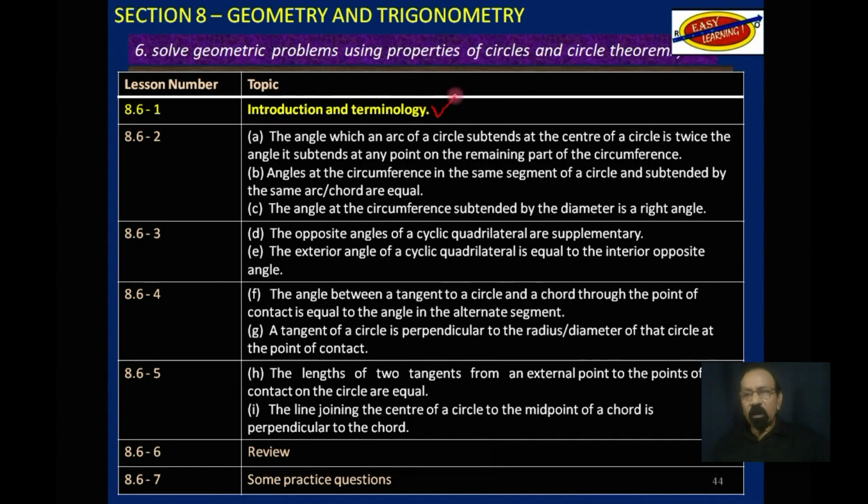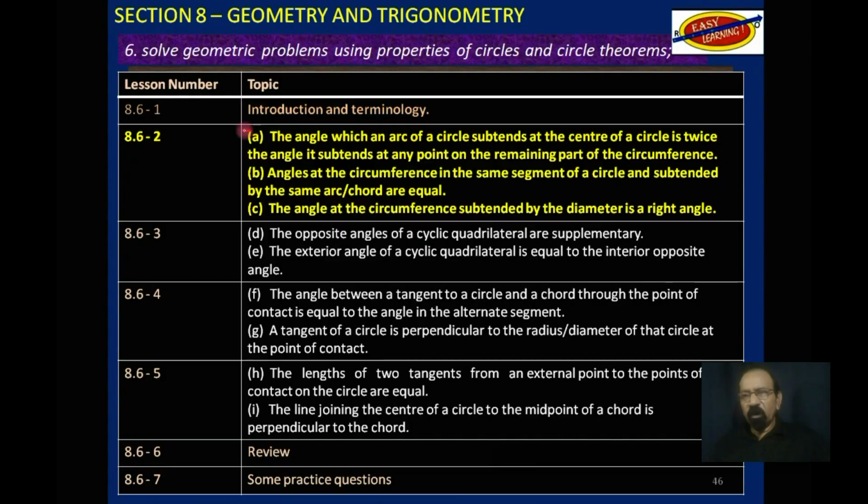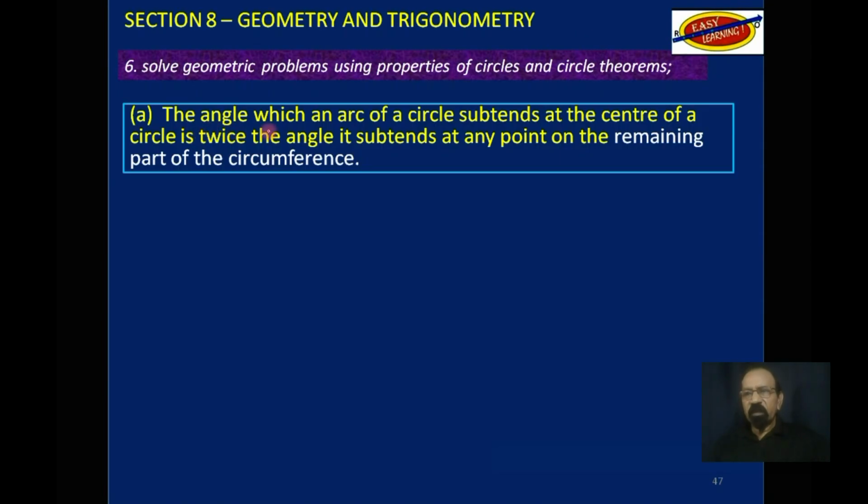Okay, so now that we know about the anatomy of a circle and the terminology, we will deal with the circle theorems. First of all, let's look at these three. They are fairly simple. The first one says, the angle which an arc of a circle subtends at the center of a circle is twice the angle it subtends at the point of the remaining part of the circumference.